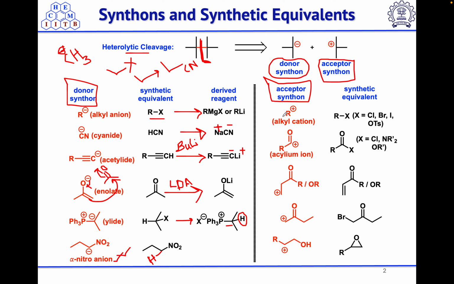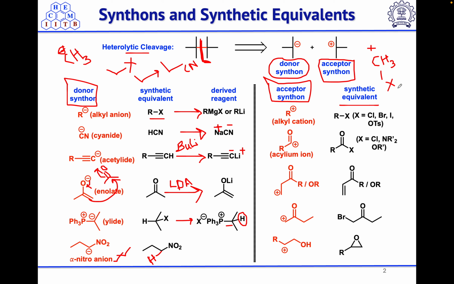Alkyl cation means, suppose here it is CH2⁻, here it will be CH3⁺. So from where can we get CH3⁺? The corresponding synthetic equivalent will be methyl iodide, or methyl chloride or methyl bromide.